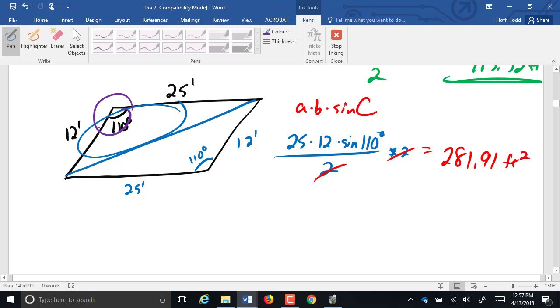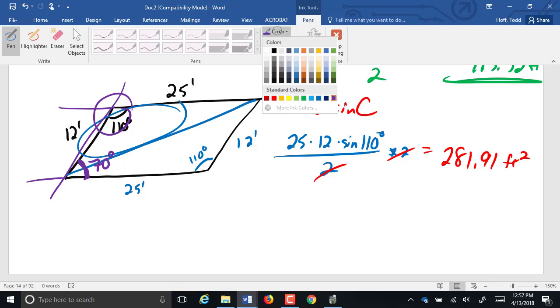What if instead of using that angle, I use this angle here? What's this angle have to be? Those two sides are parallel. So you consider this a transversal across parallel lines. It has to be 70. They're either equal or they're supplementary, and they're obviously not equal. So they have to be supplements.